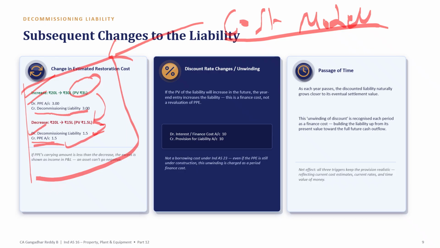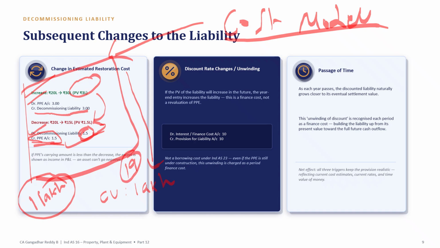Suppose the decrease is 1.5 lakhs, but the carrying amount of the PPE is 1 lakh only. So the asset account cannot be negative, right? So in this case, suppose the carrying value is 1 lakh, assuming these changes are in the 19th year, not in the 5th year. Carrying value is 1 lakh and the decrease in decommissioning liability is 1.5 lakhs.